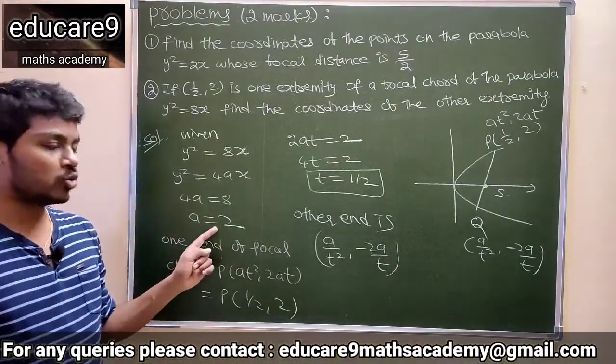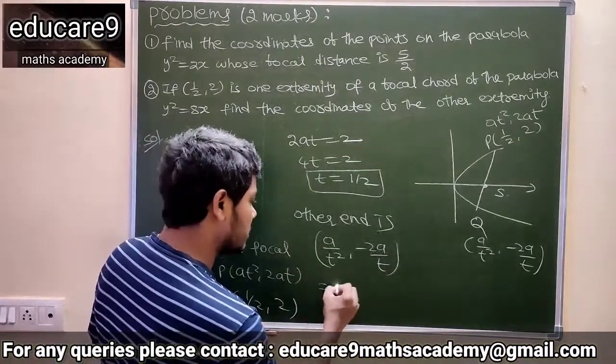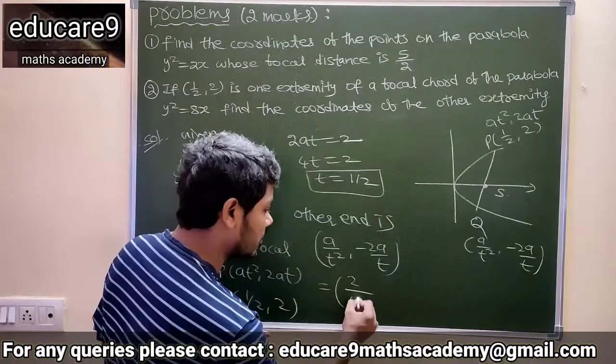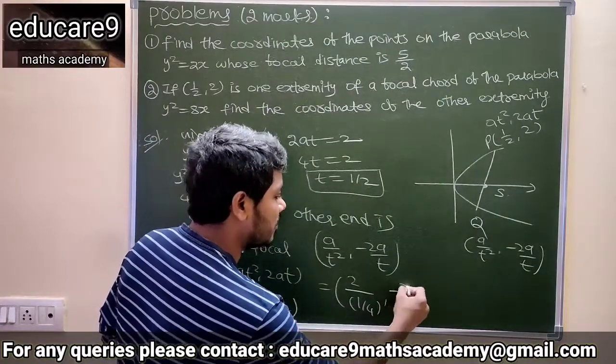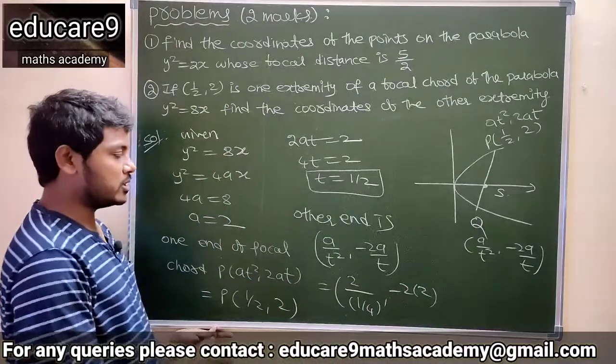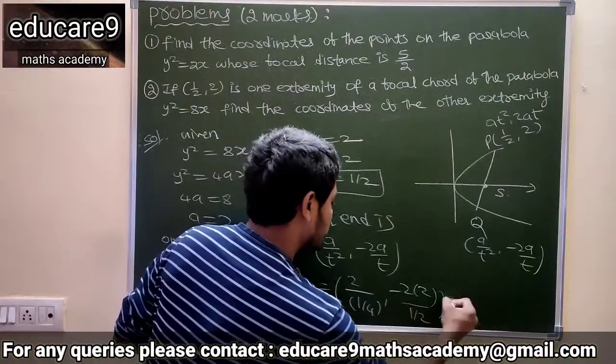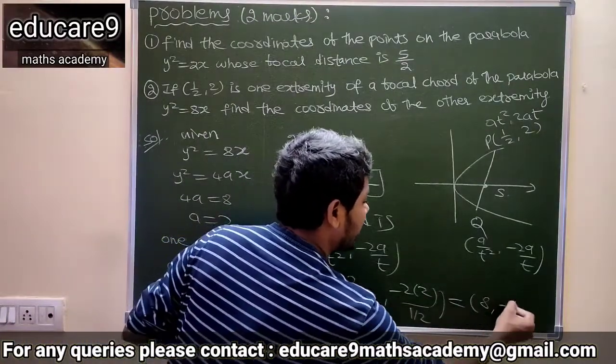What is the a value? 2. So this is 2 by t square, that is 8, comma minus 2 into 2. The a value is 2 and the t value is 1 by 2. So this is 8 comma minus.